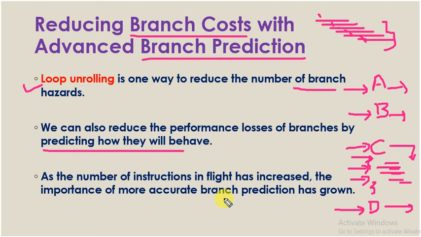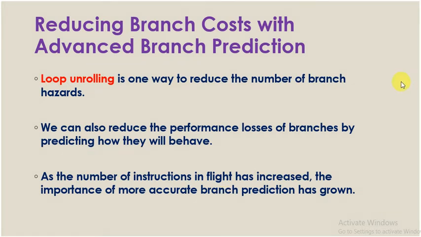So if we apply prediction on a loop that consists of a number of branches, we can reduce the total time taken for the completion of that loop by predicting the behavior of a branch operation. We will see in detail how we can do this prediction.